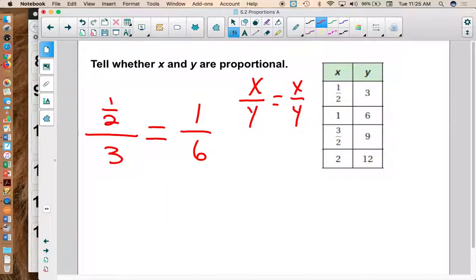We said X to Y. It's not asking if 1/2 is equal to 3. It's asking if, like, you had a graph and you plotted the X, Y, and then you did the next one, would it form a line?